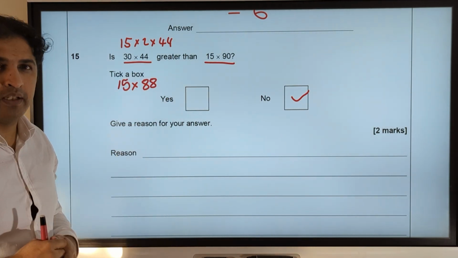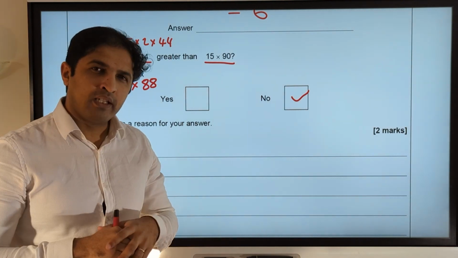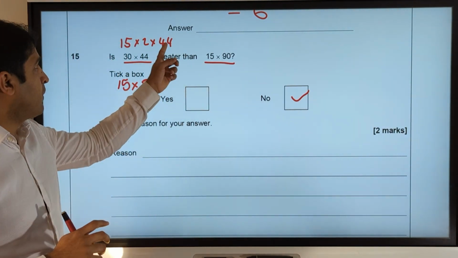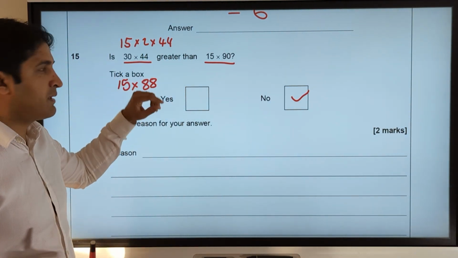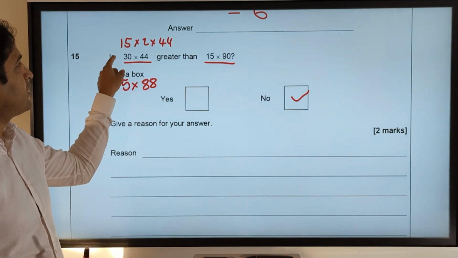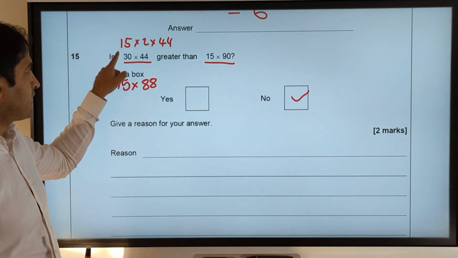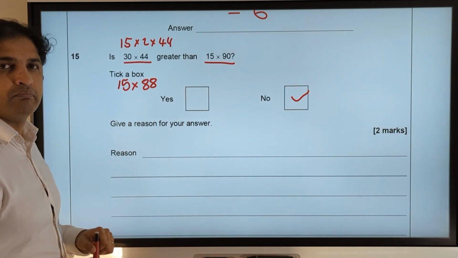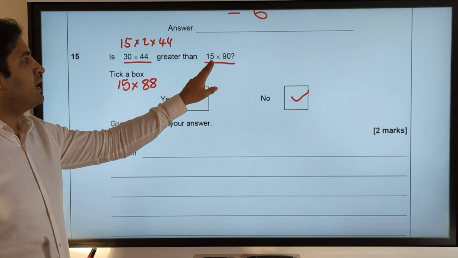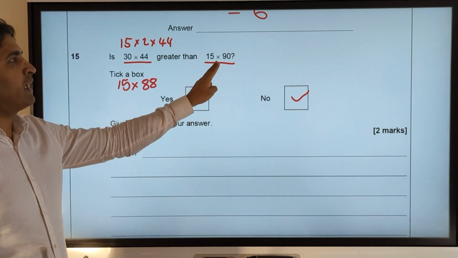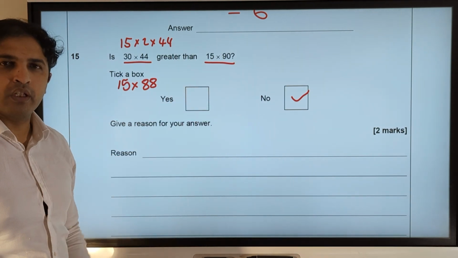Because multiplication is associative, you can associate that 2 with 44 or that 15, it doesn't matter. So 15 times 88 should give you exactly the same as 30 times 44. And 15 times 88 is obviously not bigger than 15 times 90, and that's what you needed to say.